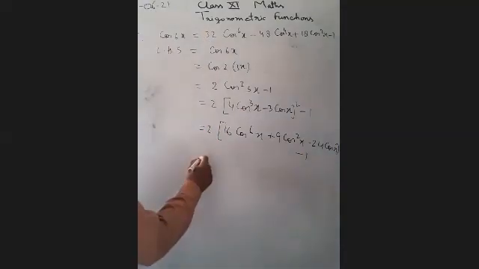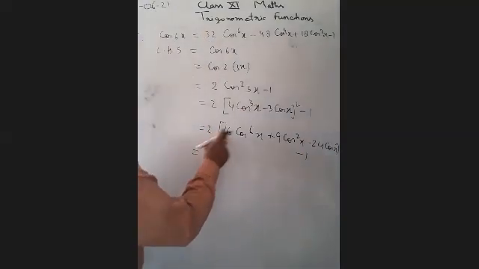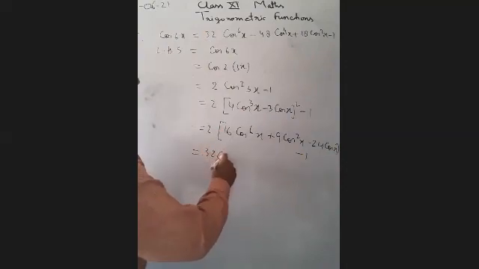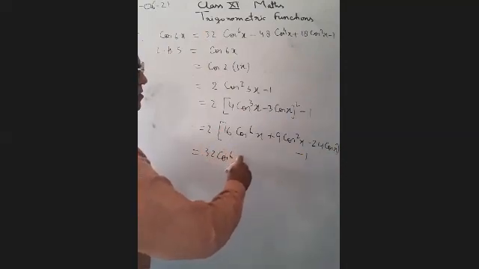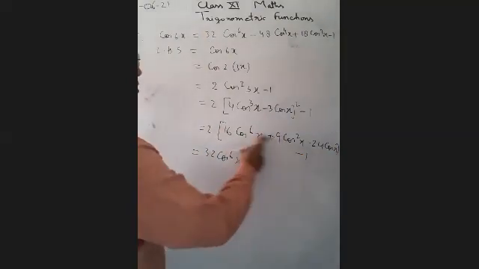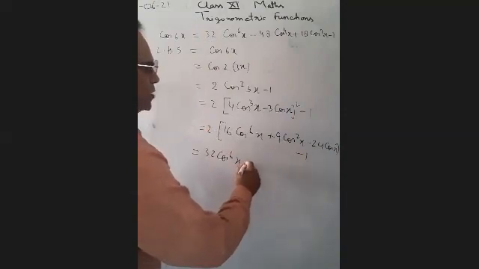Now we multiply by 2. 16 twos are 32 cos to the power 6x, 9 twos are 18, plus 18 cos square x.